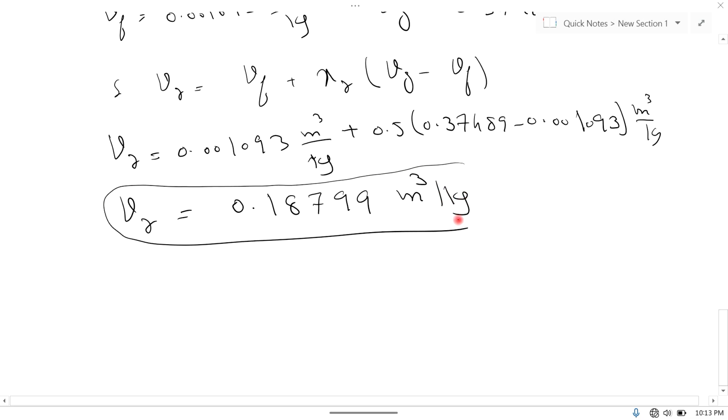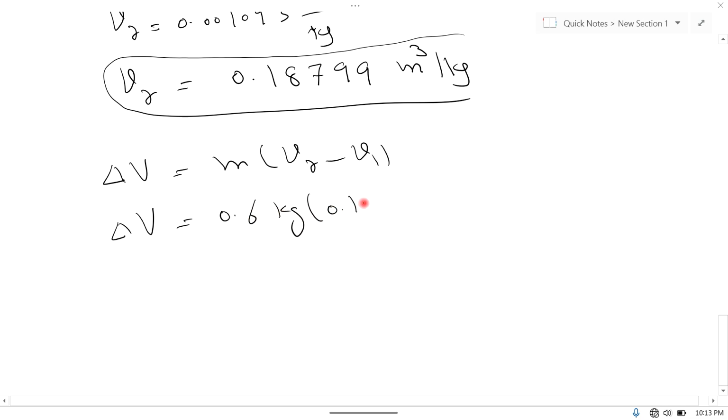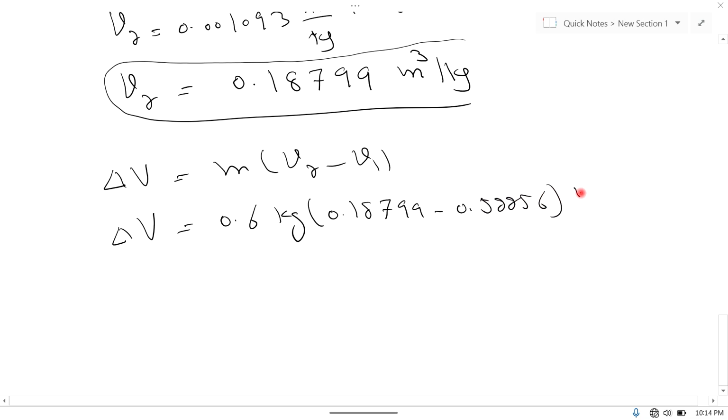Now delta V is equal to m into V2 minus V1. Putting values, mass is given to us as 0.6 kg, V2 is 0.18799 minus V1, which is 0.52256 meter cube per kg.